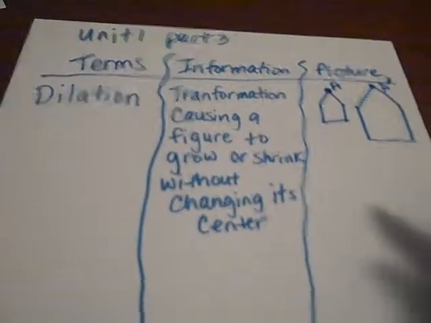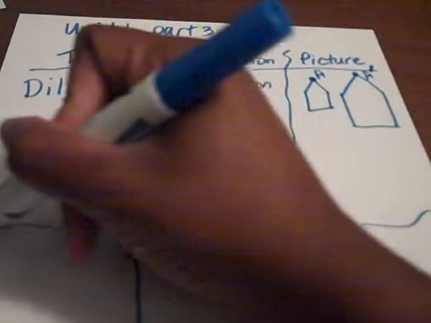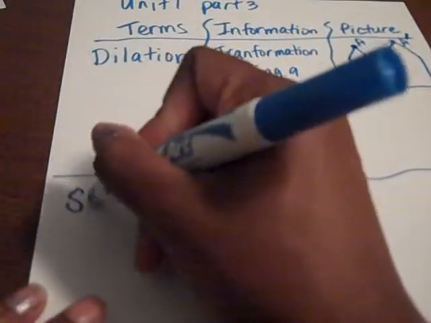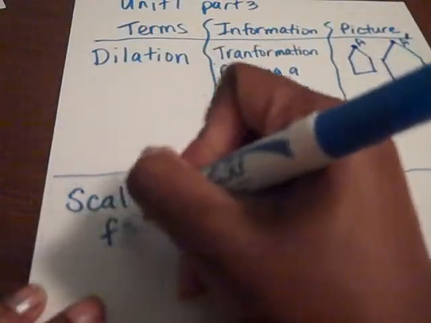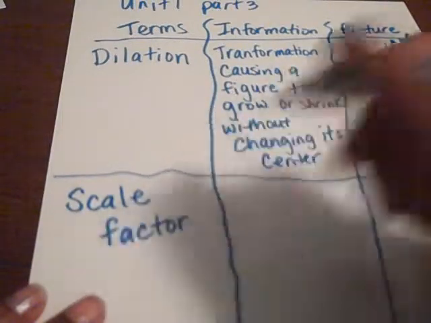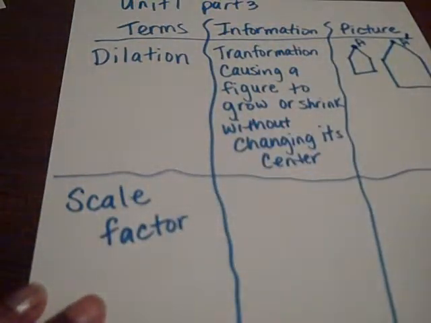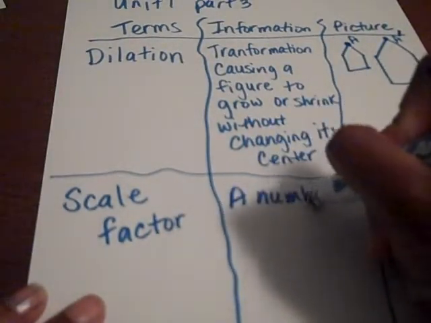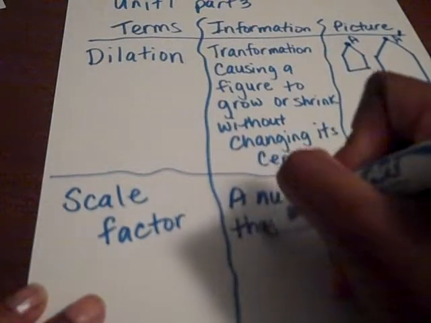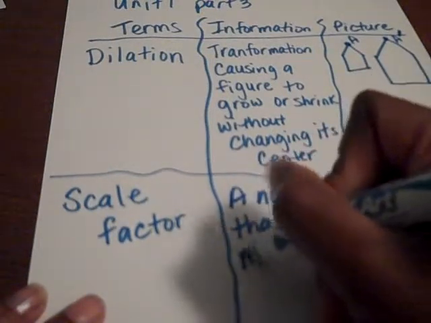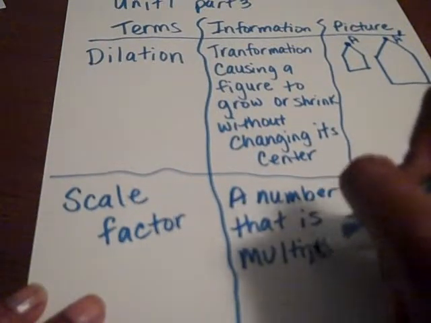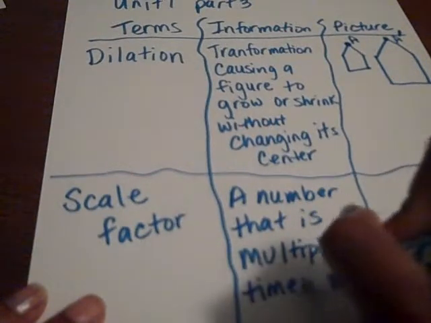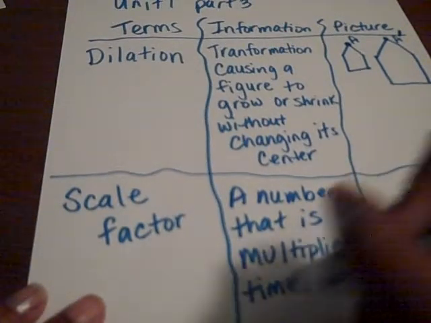Our next term is going to be scale factor. The definition for scale factor is a number that is multiplied times a side length.